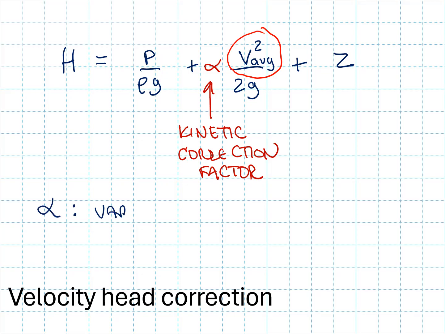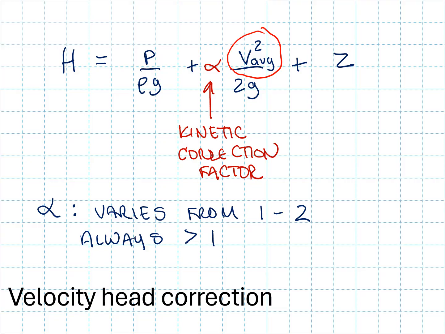It varies in value from a minimum value of 1 to a maximum value of 2. So always greater than 1, you'll notice that. So that's always going to have the effect of increasing the estimated velocity head.